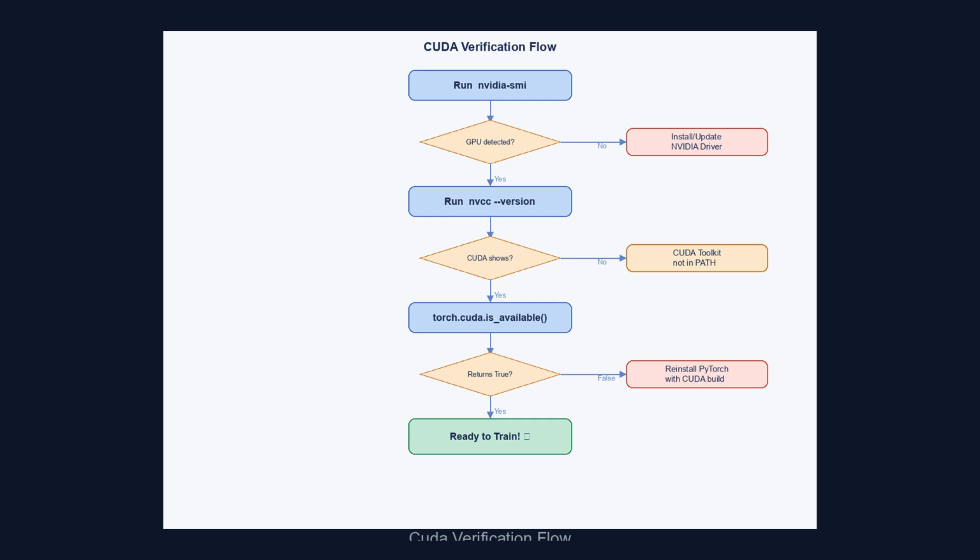If CUDA is found, check whether PyTorch can access it with torch.cuda.is_available. If that returns false, PyTorch needs to be reinstalled with a CUDA-enabled build. If it returns true, you've reached the end of the tree. Your environment is ready for training. Follow this sequence in order. Each step depends on the one before it.